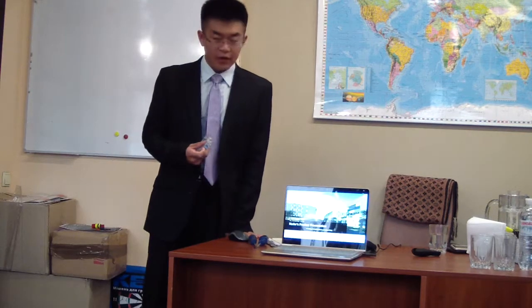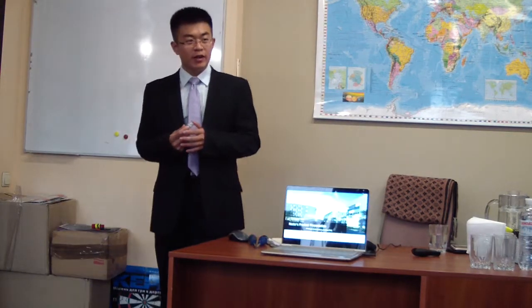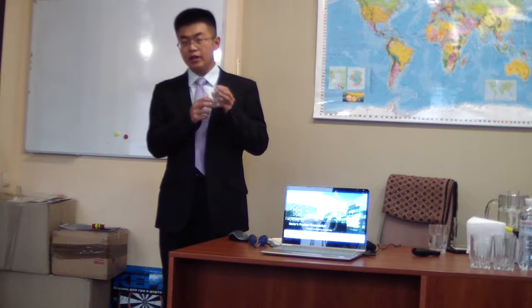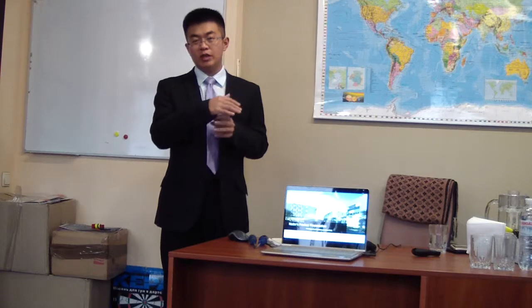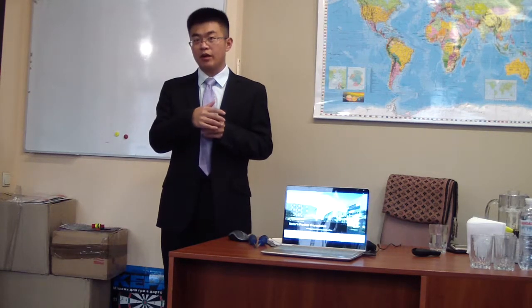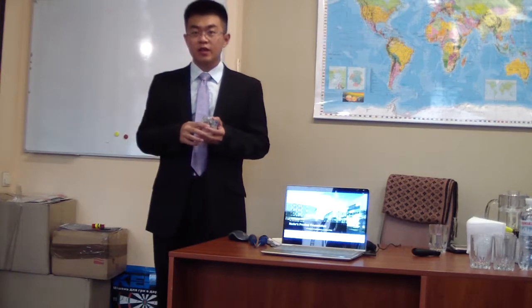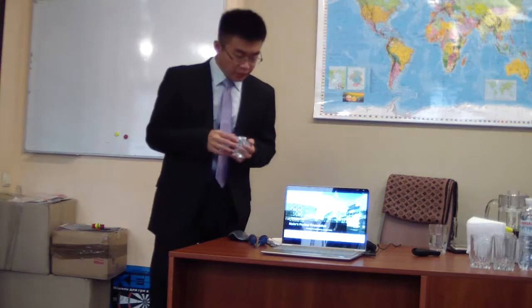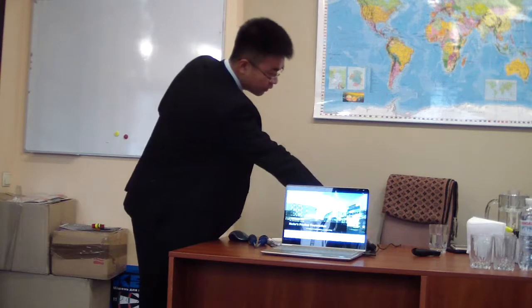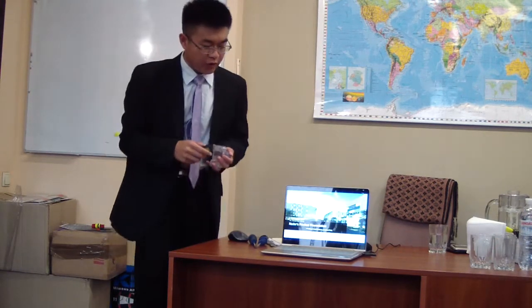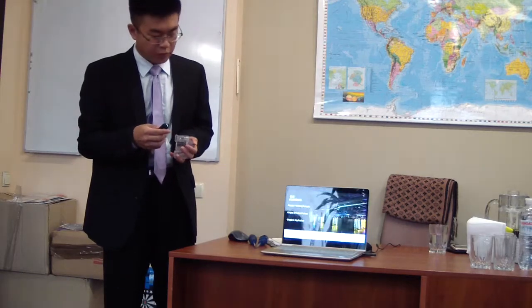Good morning, ladies and gentlemen. Yesterday we introduced our MCB to you and which places can use a circuit breaker. Today we will introduce another product, HMCB. HMCB means hydraulic magnetic circuit breaker.